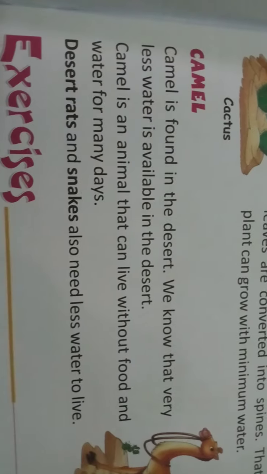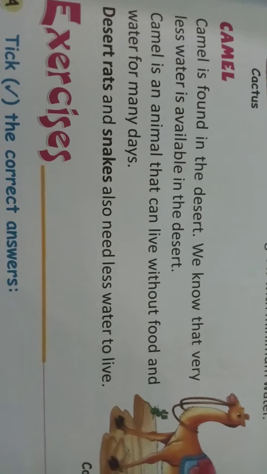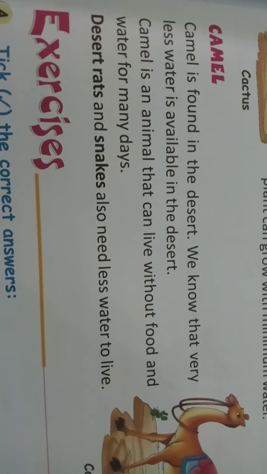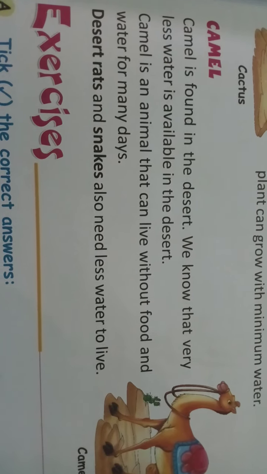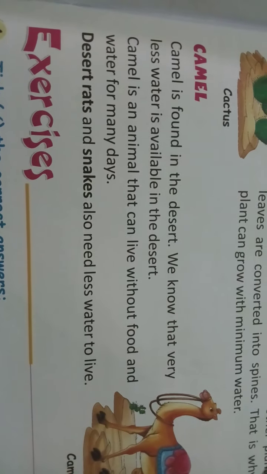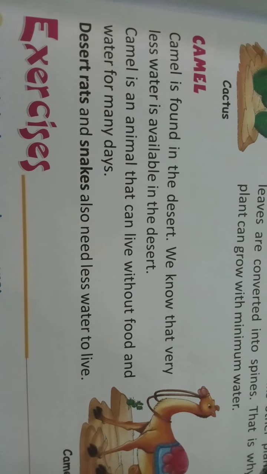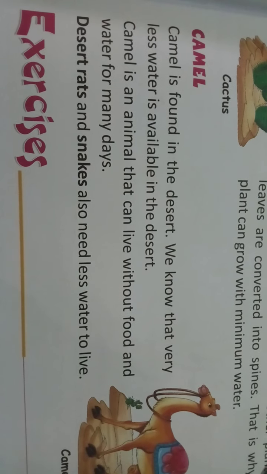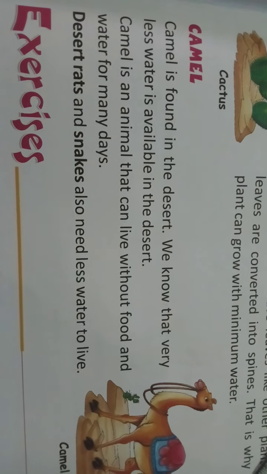And come on to the animal. Camel. A camel is found in the desert. We know that very little water is available in the desert. A camel is an animal that can live without food and water for many days.